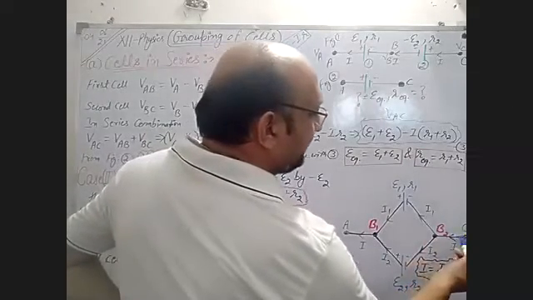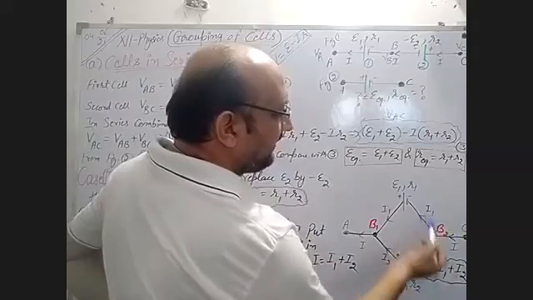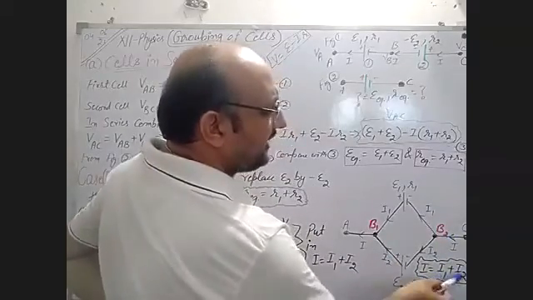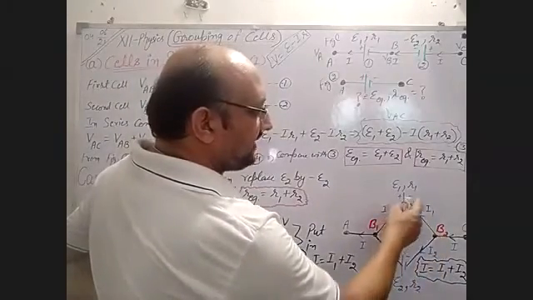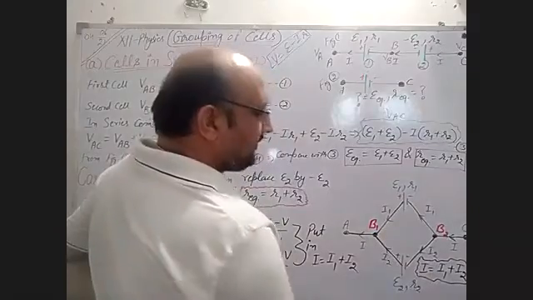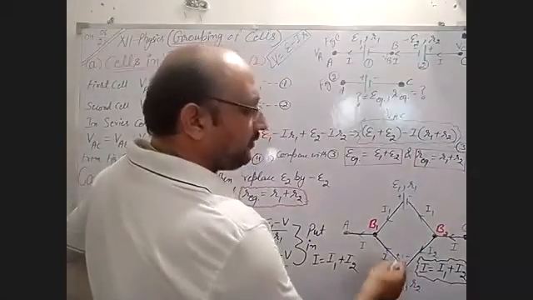Now suppose current I is coming from the C side and divided into I1 and I2. Then you can write the equation I is equal to I1 plus I2. Now I1 current passes from this battery and I2 from E2.